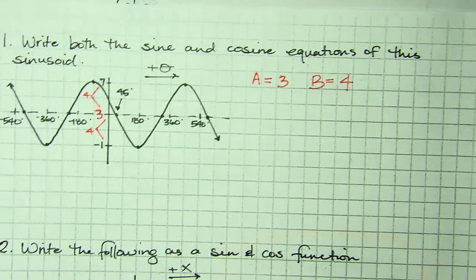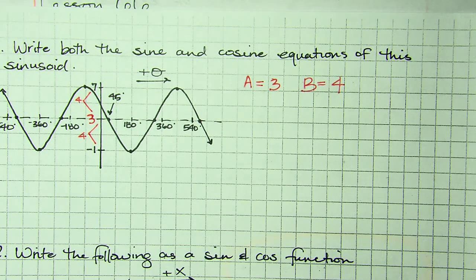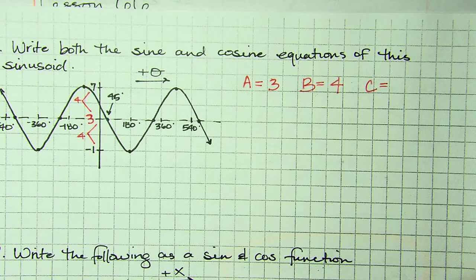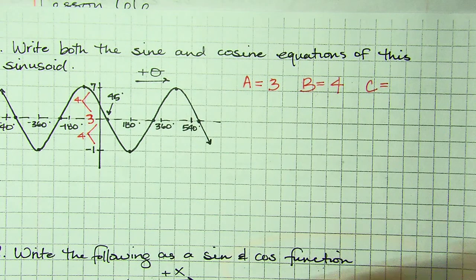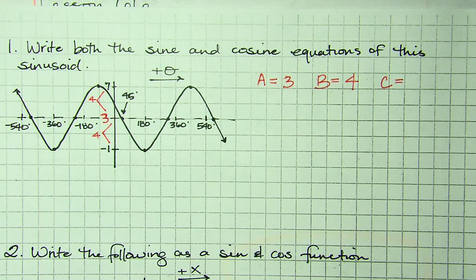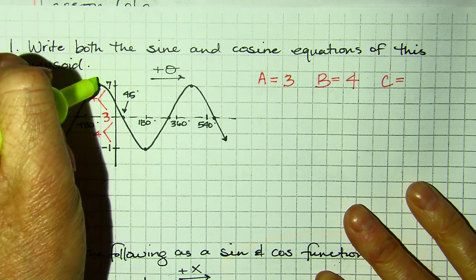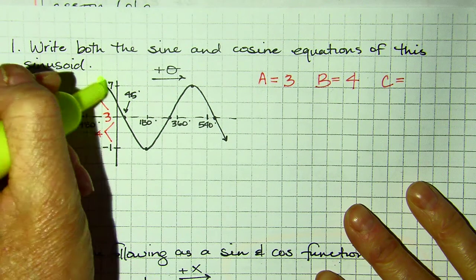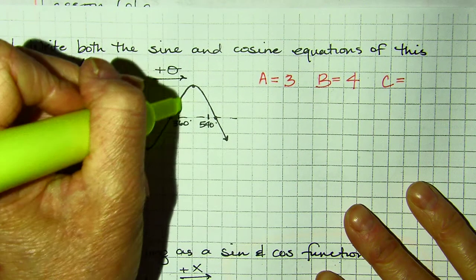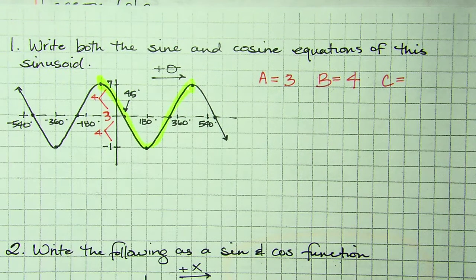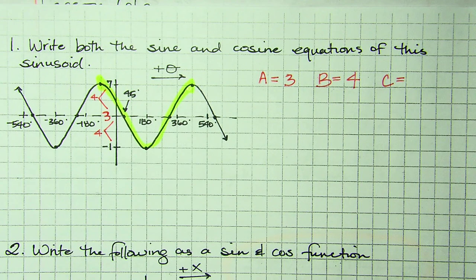Now I need to determine our period. So looking at this graph, there are 2 ways to determine a full cycle, and it doesn't matter how you measure it. For example, I could measure a complete cycle going from the top to the next top, and calculate how many degrees that took.